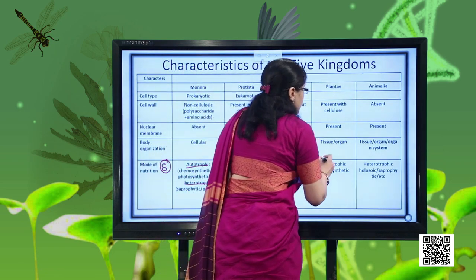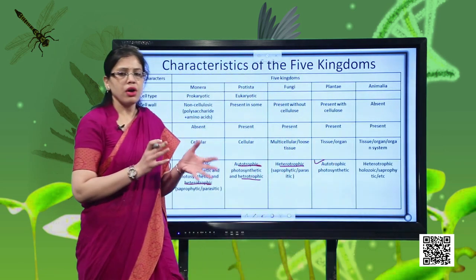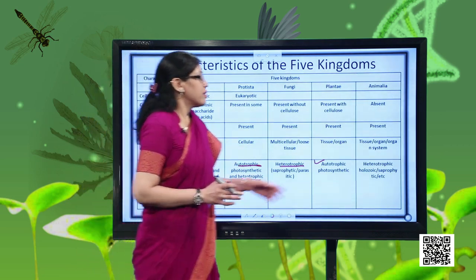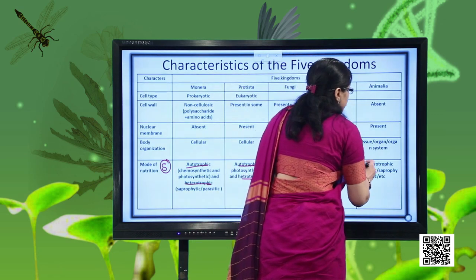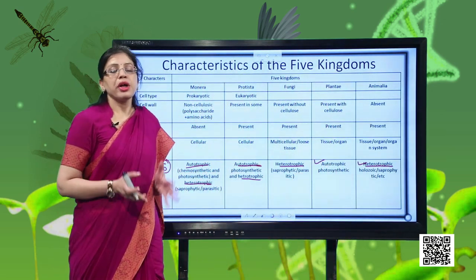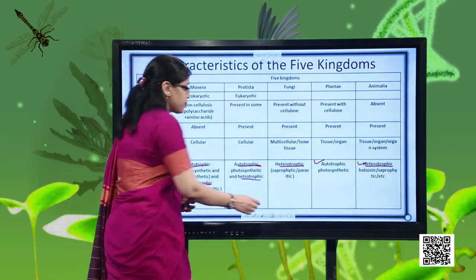Majority of the plants are autotrophs, leaving a few exceptions. Most of them can prepare their food on their own. Then coming to kingdom Animalia, they are heterotrophs, meaning they cannot prepare their food on their own; they are dependent on other organisms.